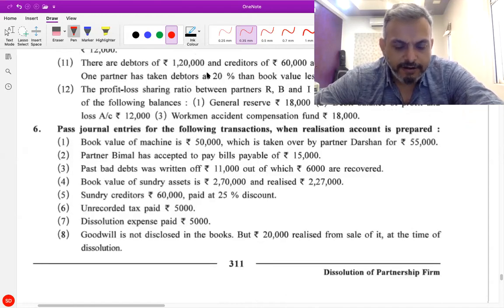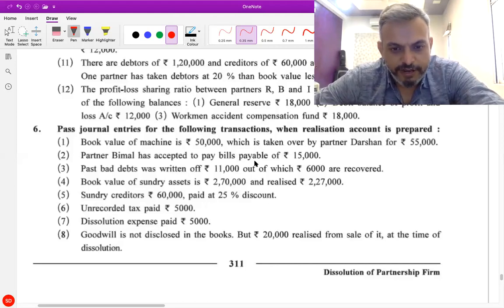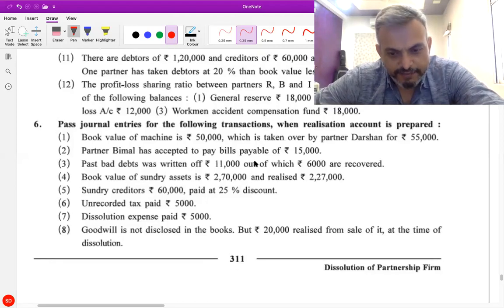Second, partner Bimal has accepted to pay bills payable of 15,000. So first in this, again you transfer bills payable to realization account, and then partner Bimal has accepted to pay. So you first pass the first entry, bills payable to realization, and then realization account will be debited and partner Bimal's account will be credited.